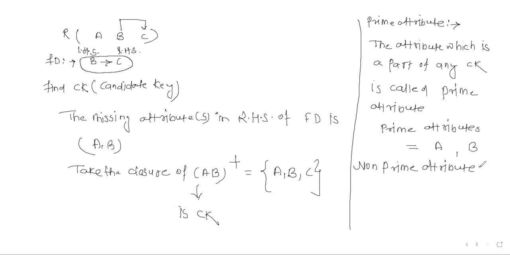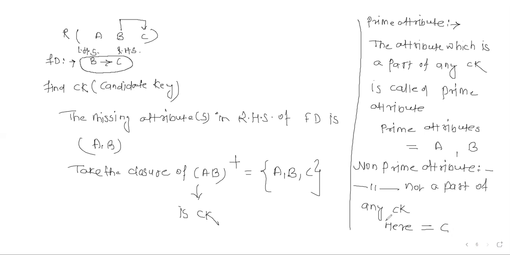The attribute which is not a part of any candidate key. Here, what is that? C.